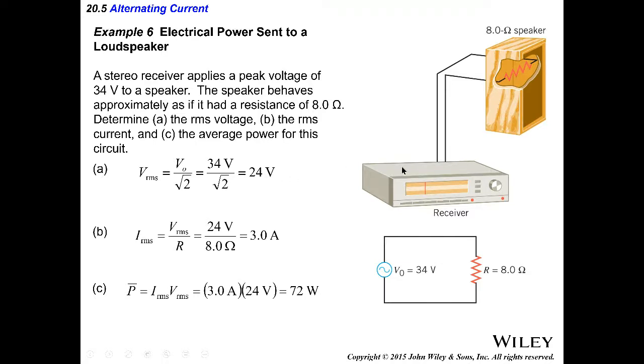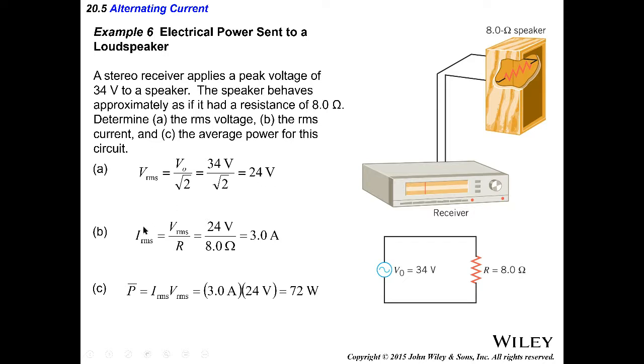That means that when you say that it came from my household circuit and the root mean square voltage is 110 volts, the actual peak voltage is more than 110 volts. It's 1.4 times that, 40% more. You understand now the difference?